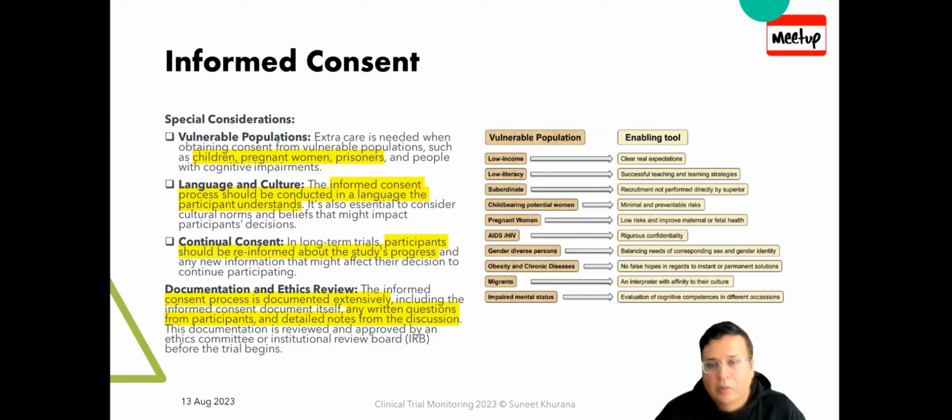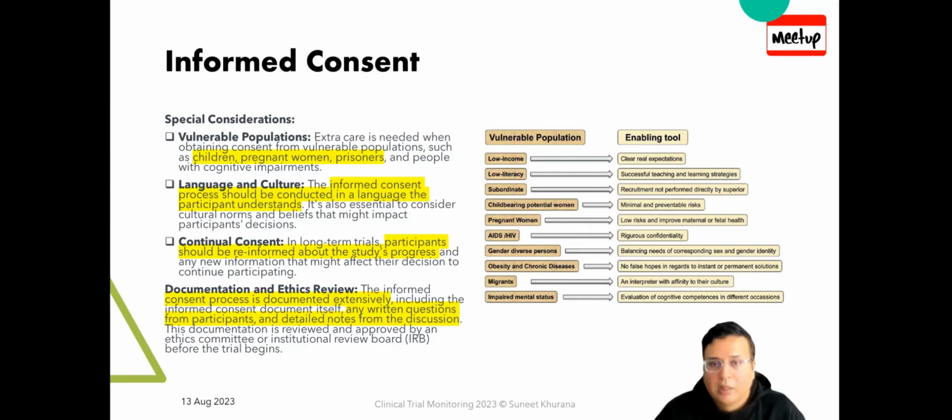For the low income, set clear expectations. For patients who are not educated, you make sure that they understand. Employ an interpreter to deliver the consent in their own language if they cannot read the document.